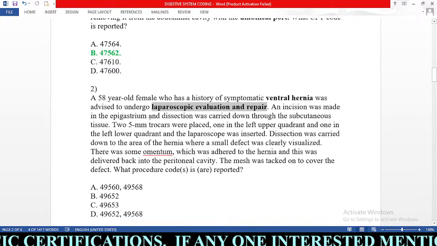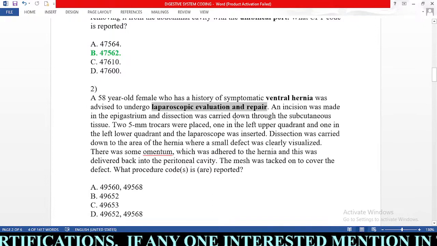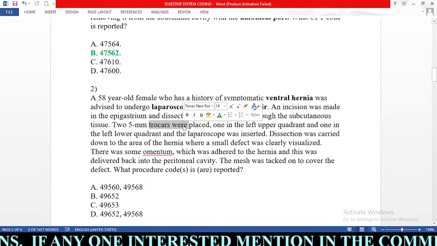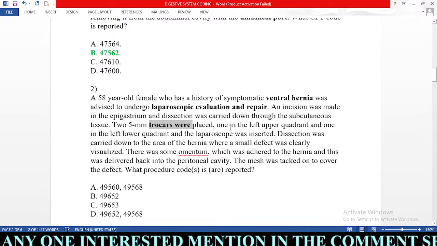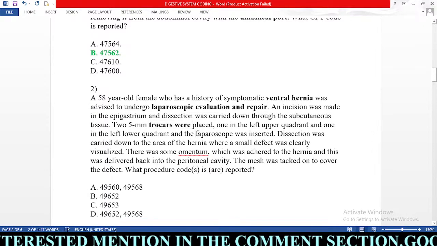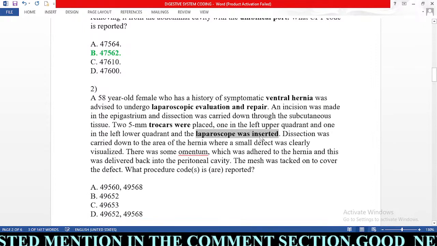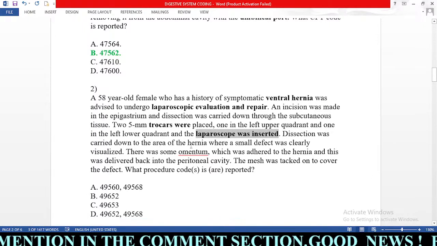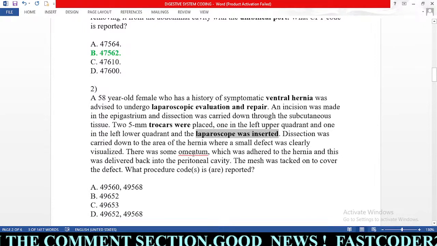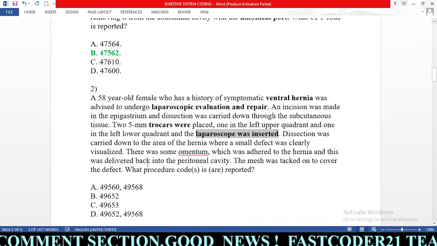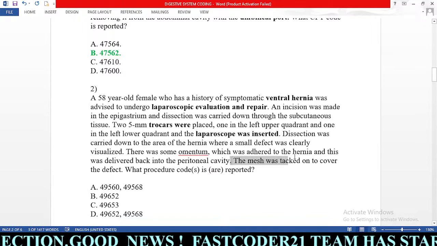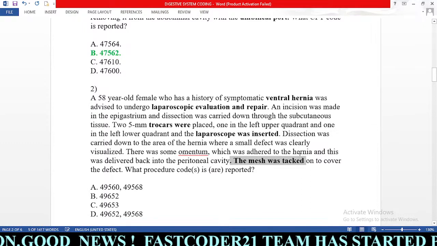An incision was made in the epigastrium and dissection was carried down through the subcutaneous tissue to 5 mm trocars. So trocars are the keywords. One in the left upper quadrant and one in the left lower quadrant, and the laparoscope was inserted. Dissection was carried down to the area of the hernia where a small defect was clearly visualized. There was some omentum adhered to the hernia and this was delivered back to the peritoneal cavity. The mesh was tacked on to cover the defects.